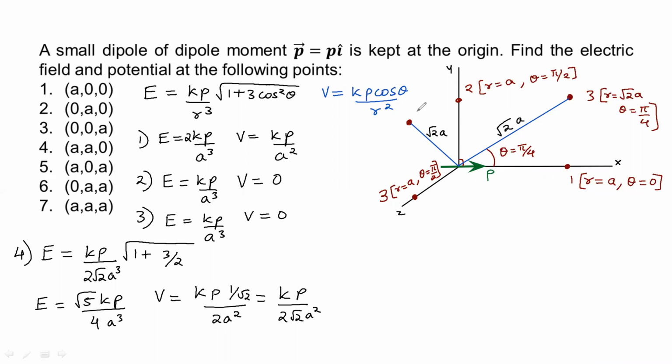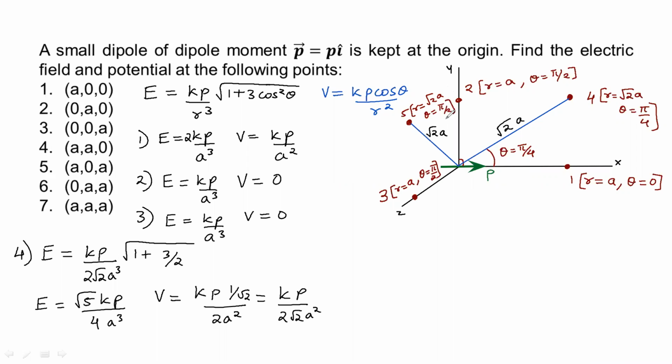Okay. So this is question number, oh, sorry, I just made a mistake here. This is supposed to be fourth, and this is fifth point. The value of r is root 2a, while theta is 90.